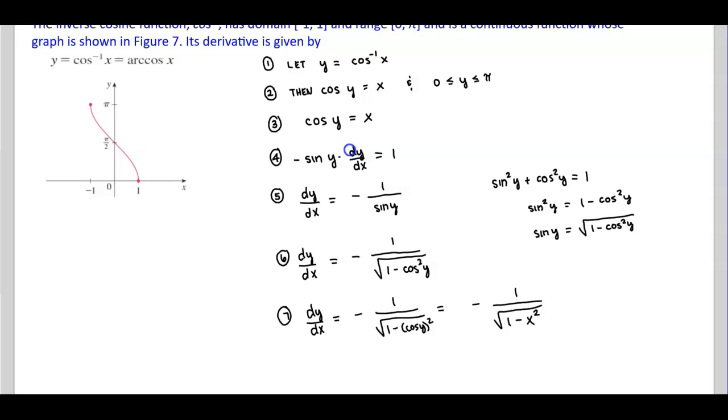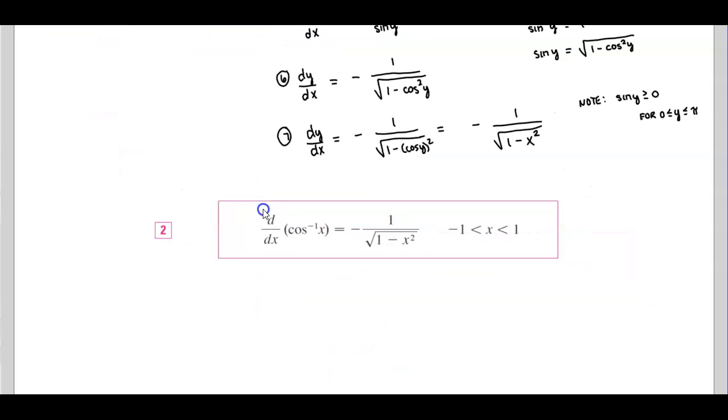And let's make note here that the sine of y is greater than or equal to 0 for all values of y that are between 0 and pi.